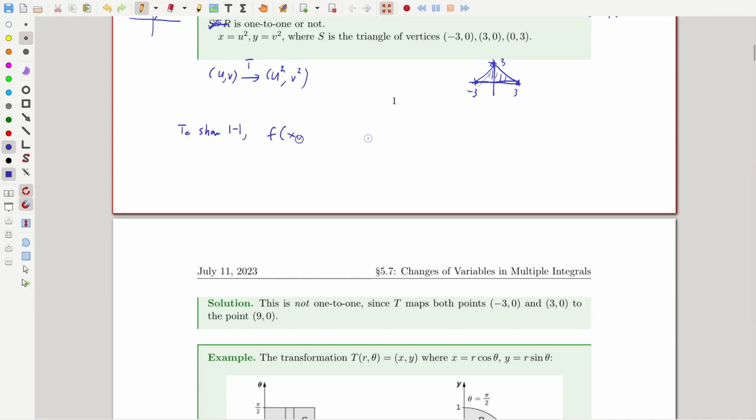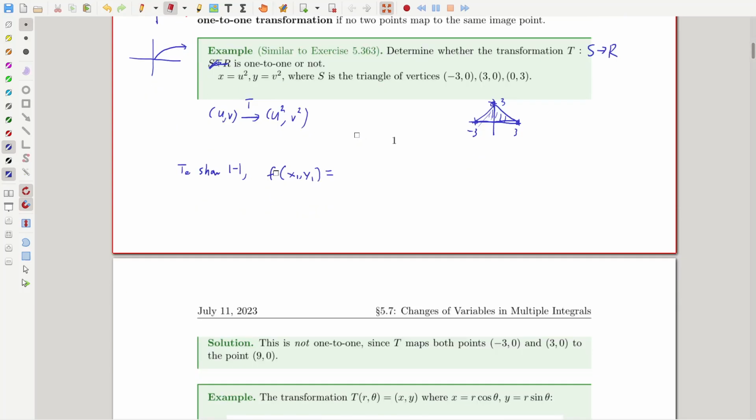So if I'm trying to use the same exact notation here, then let me use T. Maybe I shouldn't be using xy.